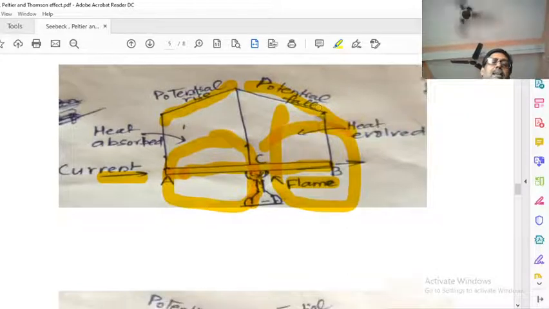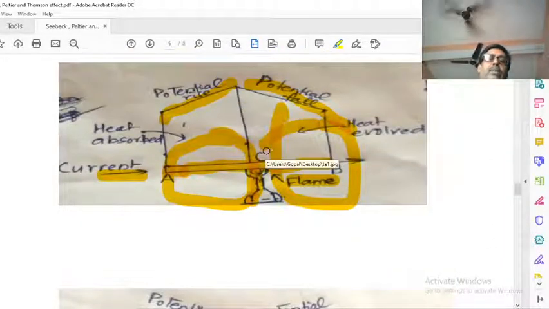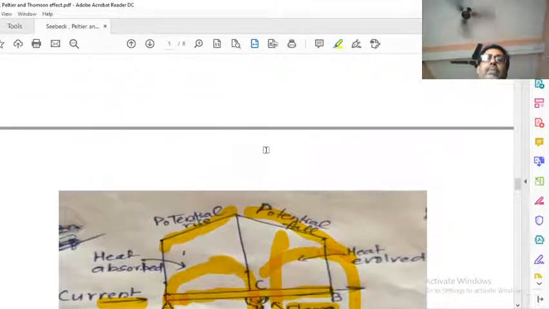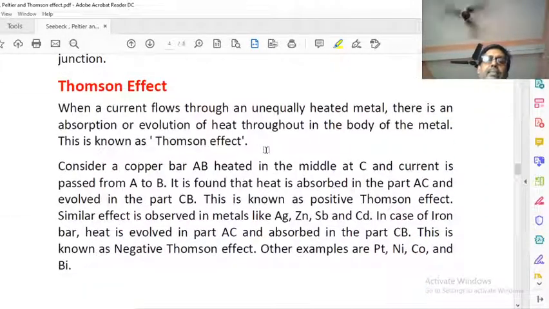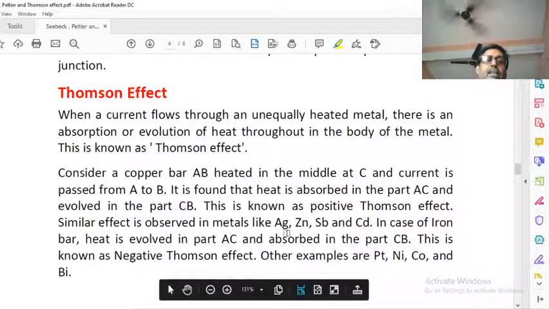So there is a rise and fall of potential. This is for those metals for which the Thomson effect is positive, for example, Zn, Sb, Cd, Ag.